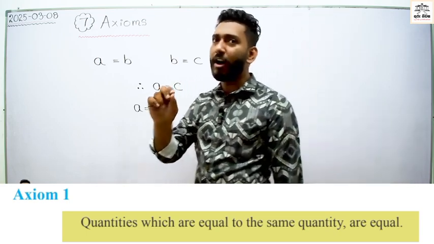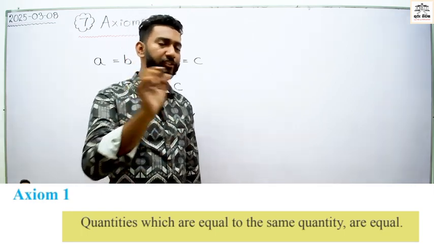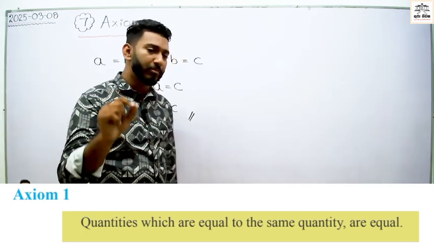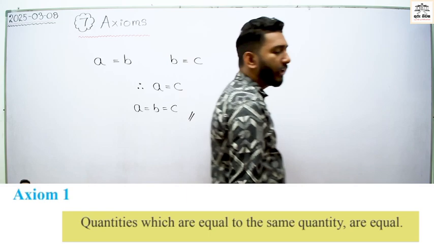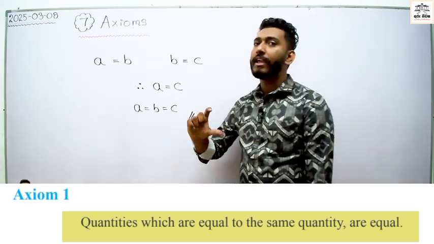Put a star mark and write the sentence, axiom number one. Quantities which are equal to the same quantity are equal.